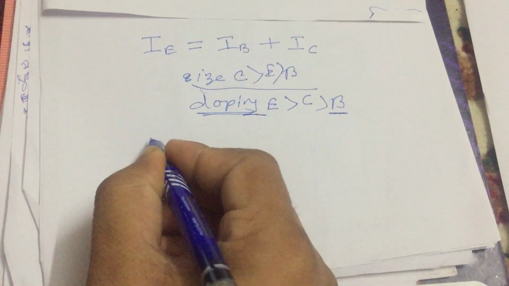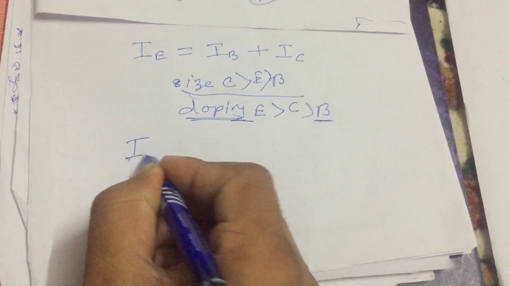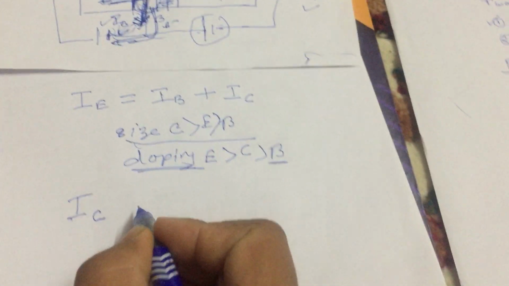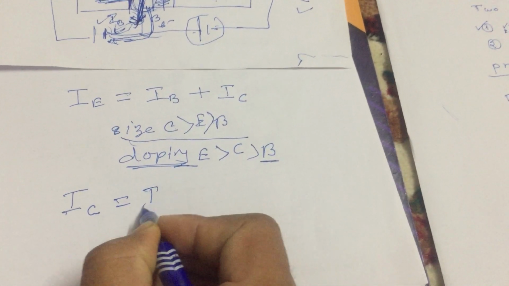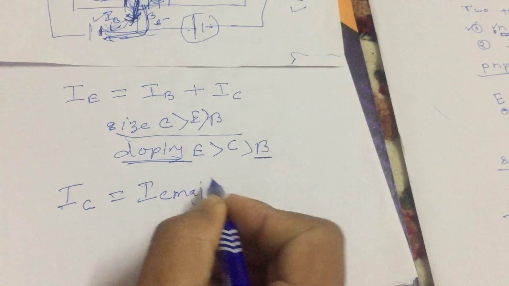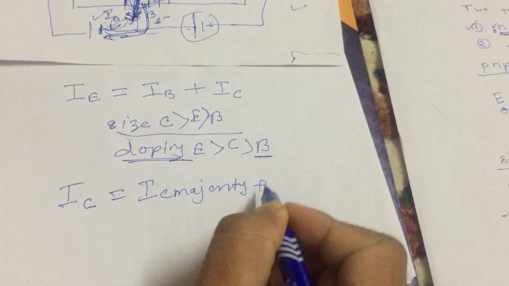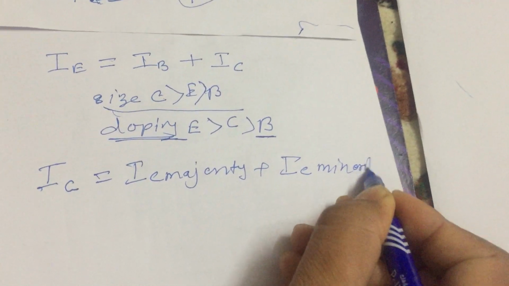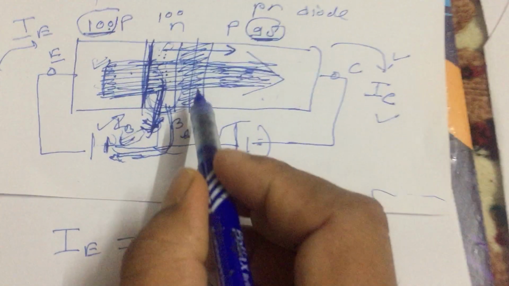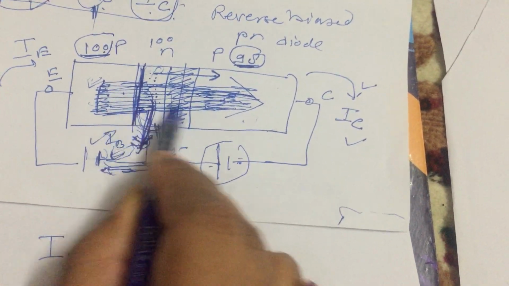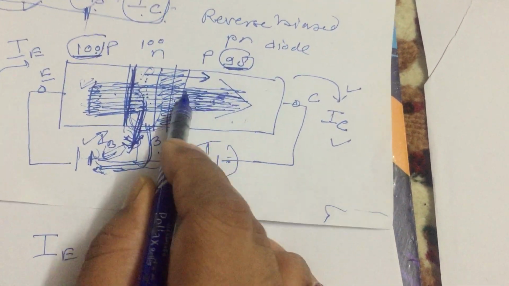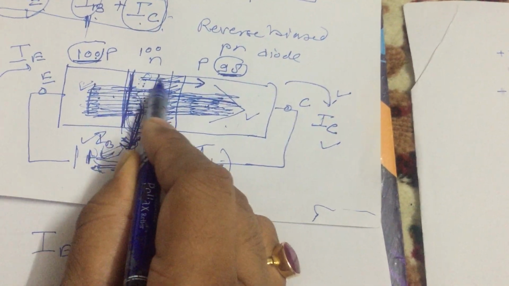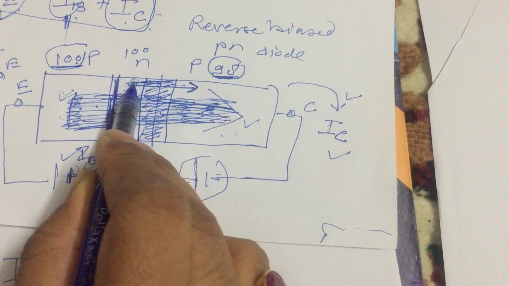Now there is one more equation. IC, that is the output current, has two components: IC majority plus IC minority. Here, this wider line is the current flowing due to majority carriers. This is IC majority, and this smaller line is the flow due to minority carriers.